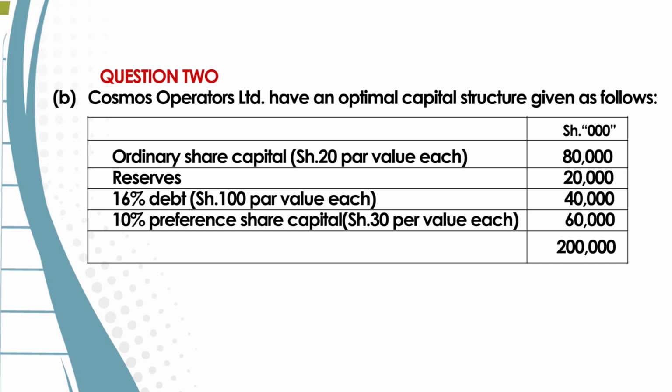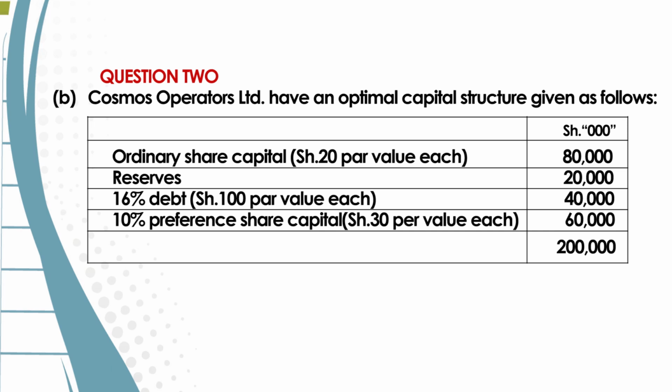10% preference share capital, 10% preference dividend, and the par value per share is 30 shillings.